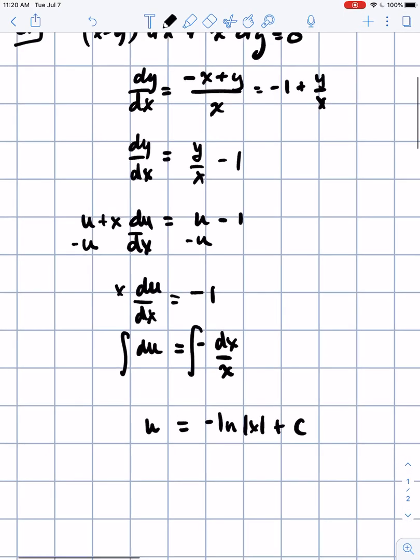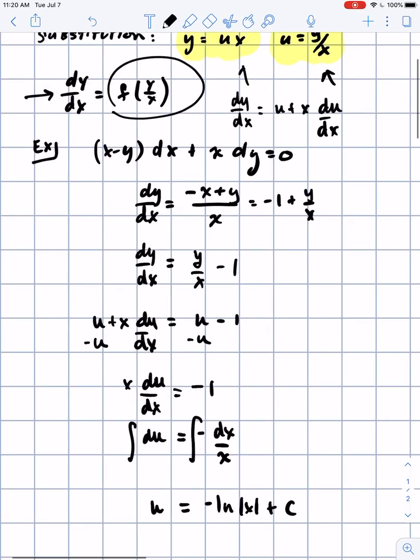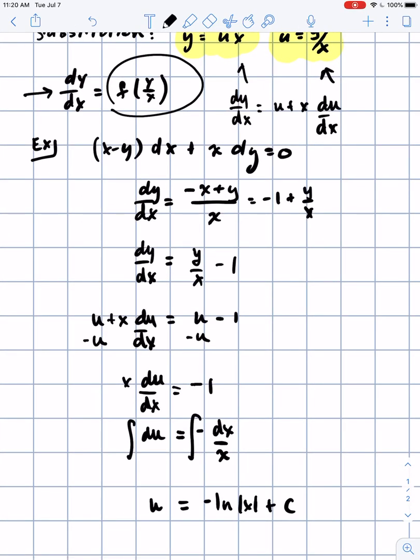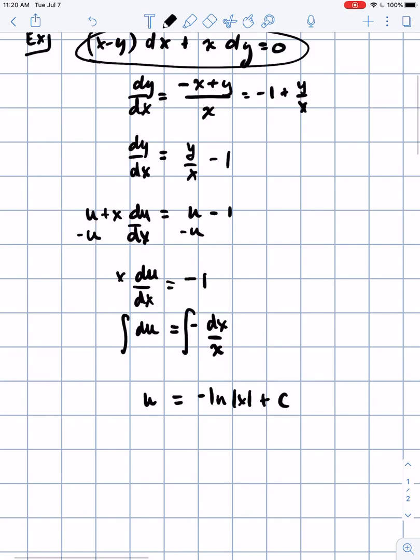And when you're doing these problems, you can't leave it that way, even though you did solve and find a solution, but you want to get it back into terms of x and y. So I've got to go back to say, okay, u is y over x. So I have y over x equals negative ln x plus c.